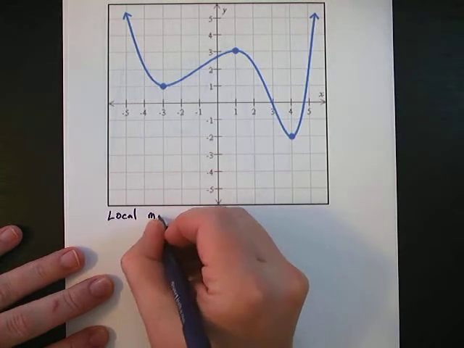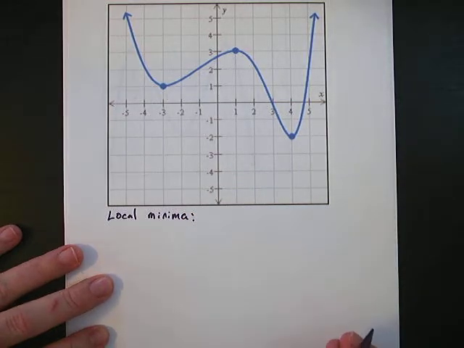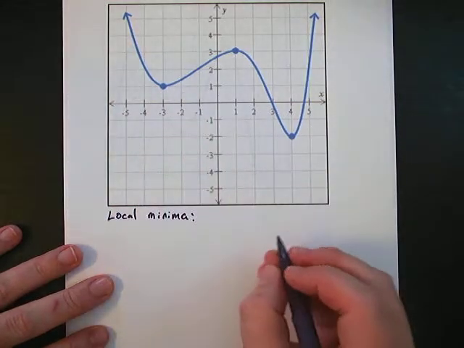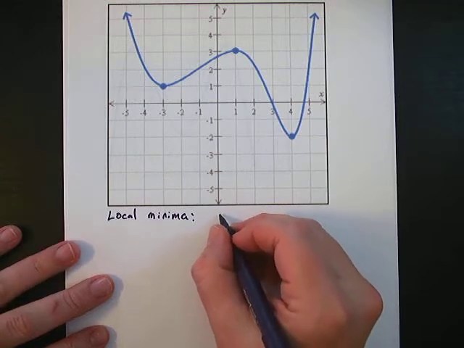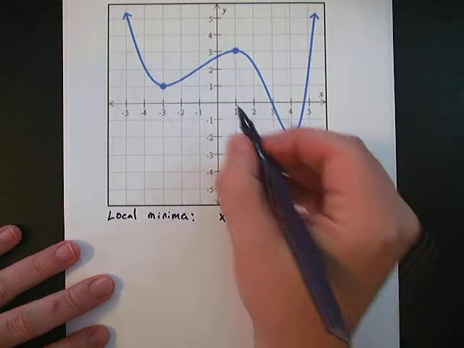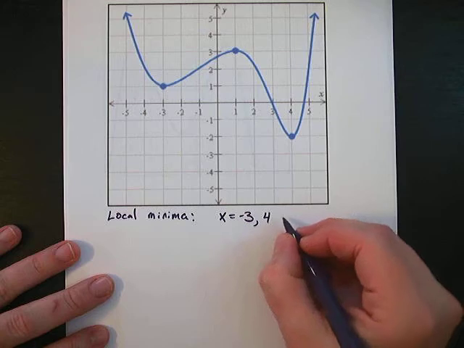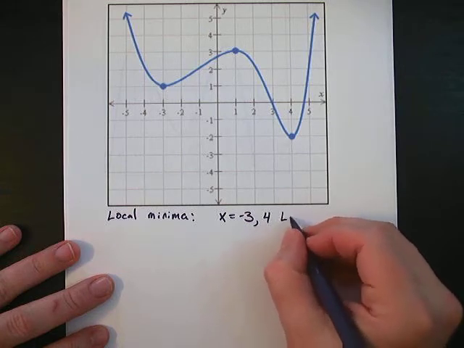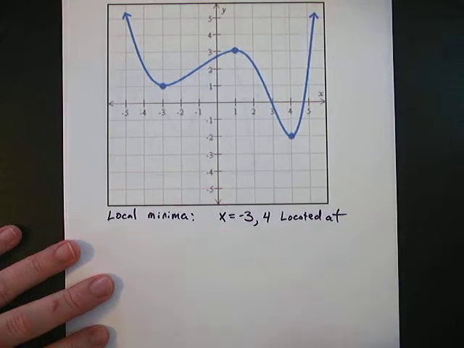Local minima. The first local minima is going to occur at x equals -3, and another one at 4. They're located at x equals -3 and x equals 4.